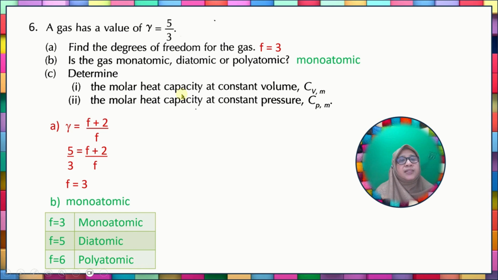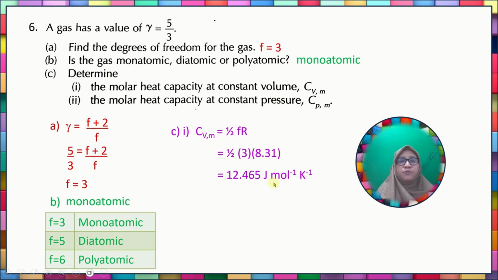Next, determine the molar heat capacity at constant volume, CVM. We can use the formula CVM equals half FR. We substitute F3, R is 8.31, so we get CVM 12.465 joule per mole per Kelvin. For CPM, there are two methods.